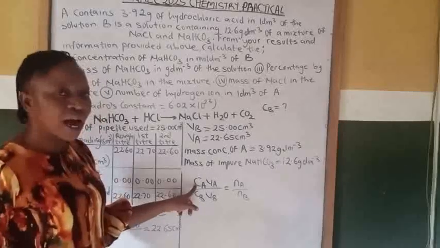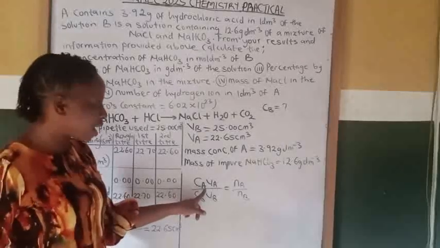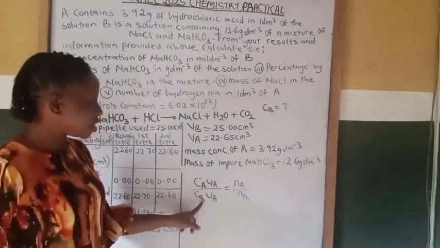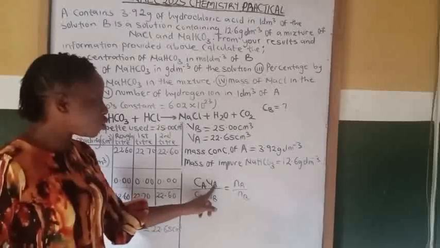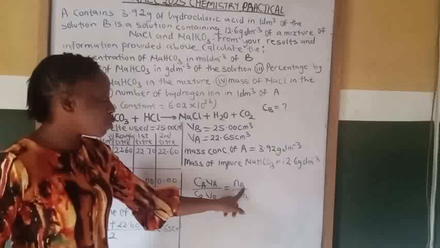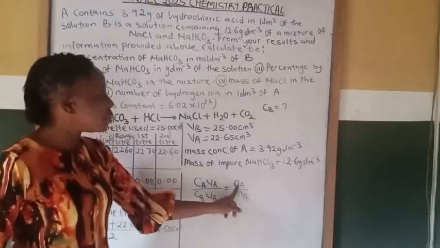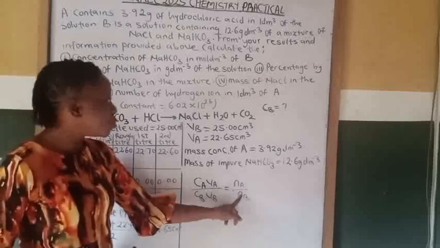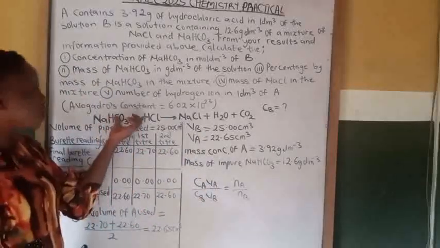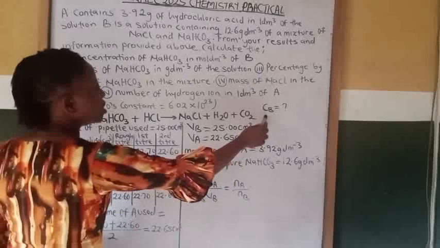C means molar concentration, A means acid, B means base. V is volume of acid, volume of base. Na is the number of mole of acid, then Nb is the number of mole of base. The number of mole of acid and base will be gotten from your chemical reaction.